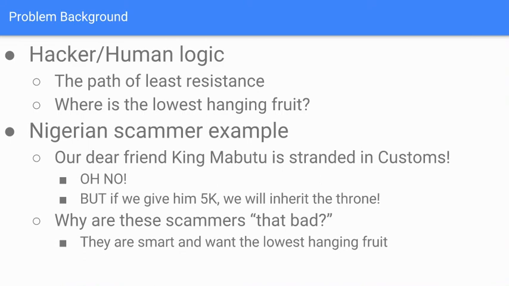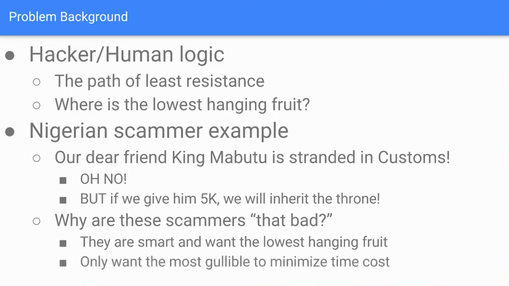These are scammers, and they're humans in general as well. For me, that lowest hanging fruit means they only want the most gullible, to minimize time cost. If these guys go through their scam, interacting with somebody over 5 or 10 email exchanges, and the person backs out at the end, that's very costly.